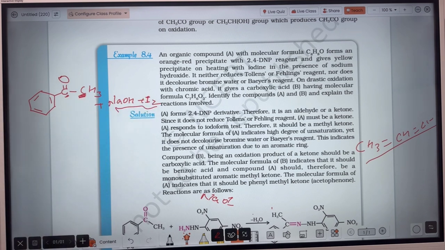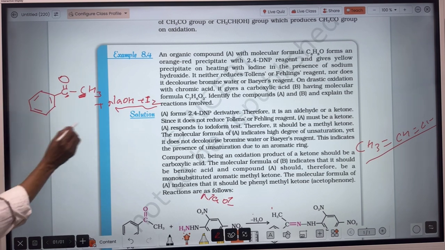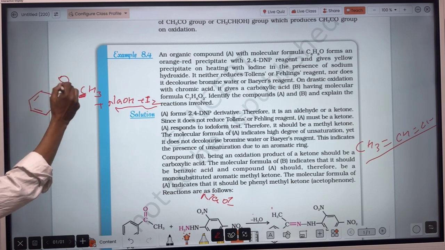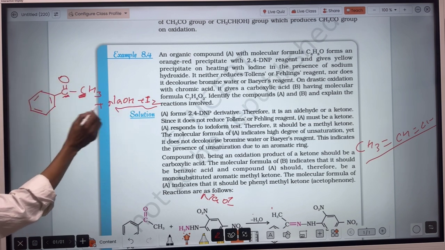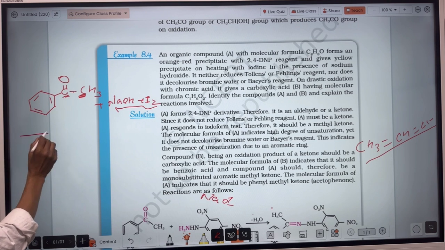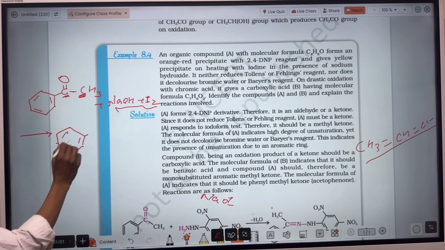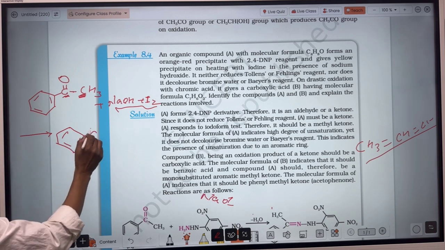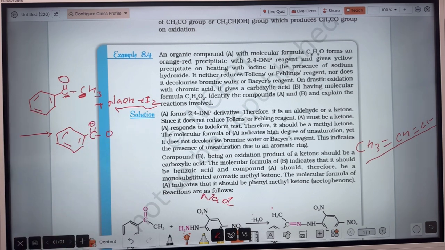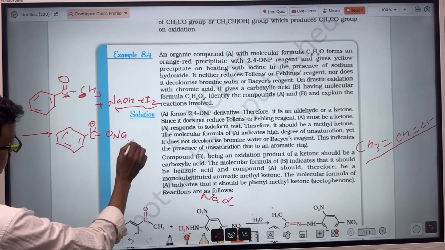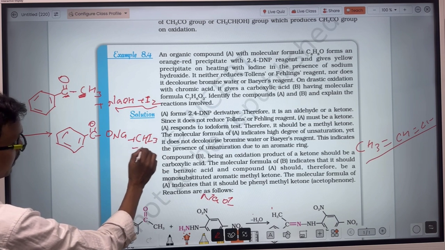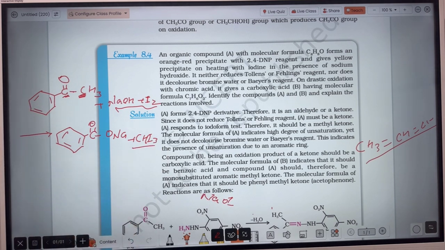The methyl carbon bonded to the acyl carbon will convert to CHI3, and the whole compound will oxidize into COO. So that means ONa will bond to this carbon. So here will be CHI3, and it will have a yellow precipitate.